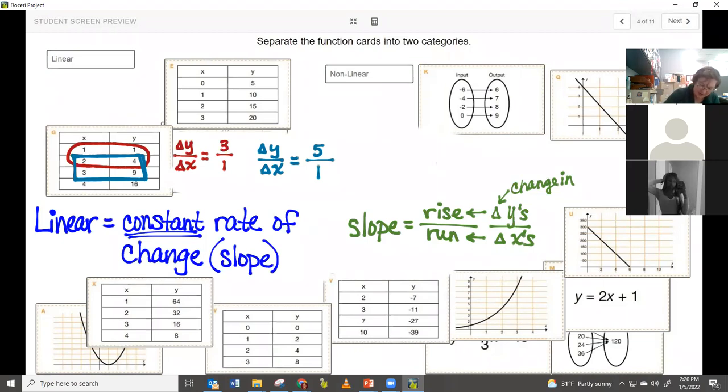So now I'm going to compare these rates of change. Here's the rate of change between my first 2 points. Here's the rate of change between my second 2 points. Did it stay the same? Is 3 over 1 the same as 5 over 1?